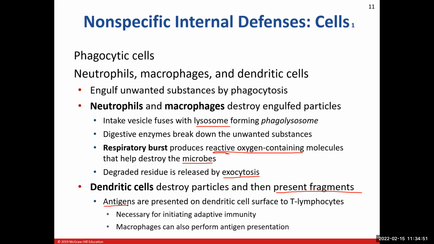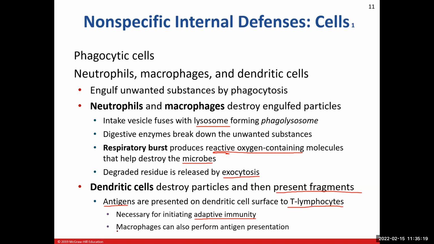Okay, so it's going to take those antigens and put them all over the surface of the cell on the plasma membrane, and then it's going to go look for T lymphocytes. And it's going to present those antigens to the T lymphocyte. And so this, and we'll talk about this later on, not today, will initiate the other immunity that we're going to be talking about, the adaptive immunity.